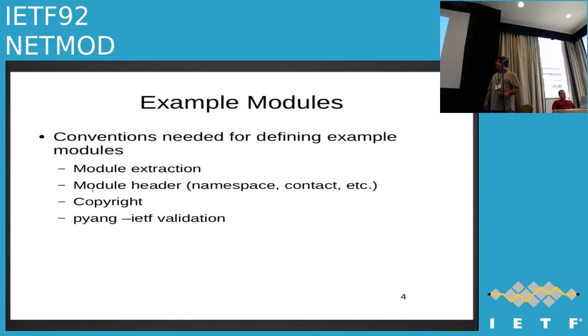I don't know that we've been doing that, but there's a few issues with this. We want tools that do module extraction to know the difference between an example and a real module. That's a pretty important feature. And then the rest of it is just conventions on how to do it. So we'll be adding something in the new version on this, and I'll ask the YANG doctors what the actual text should be. Next.